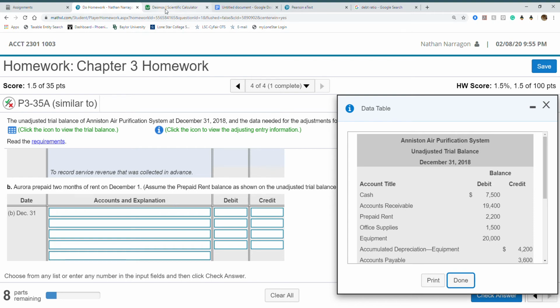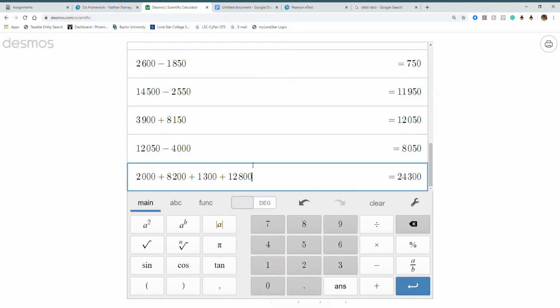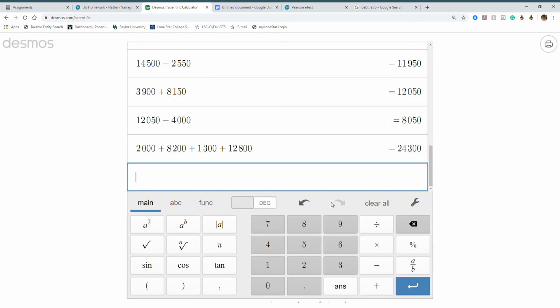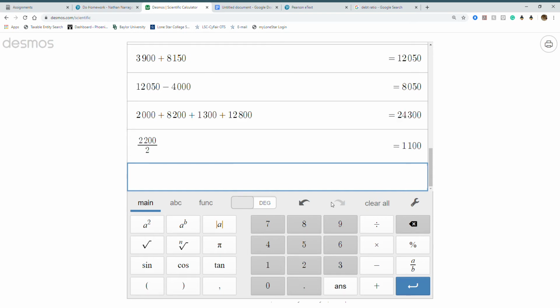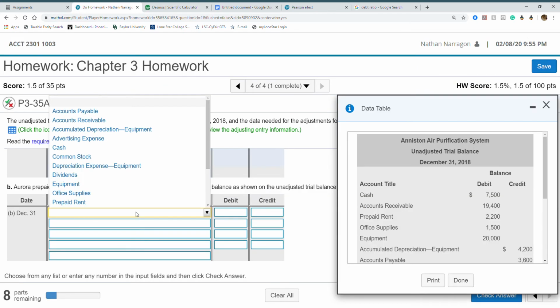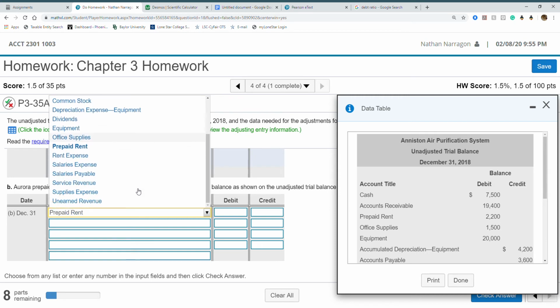So it's easy if we divide that amount by 2. I know yours is probably going to be different, so I'm going to do this on the calculator. For 2 months of service, for each month we paid $1,100. So prepaid rent has to show rent being used up at the end.